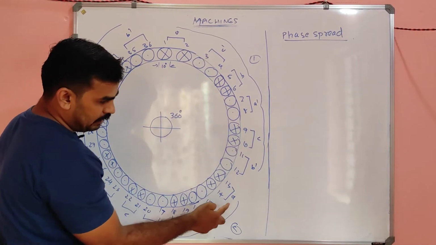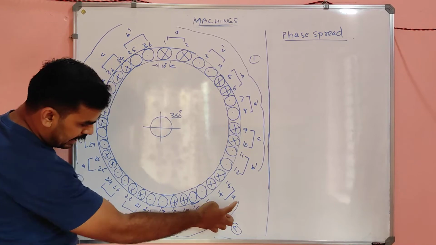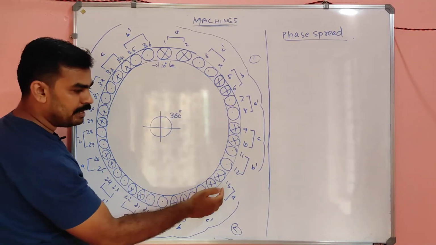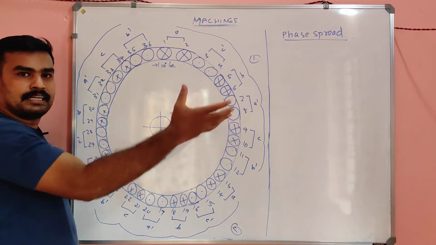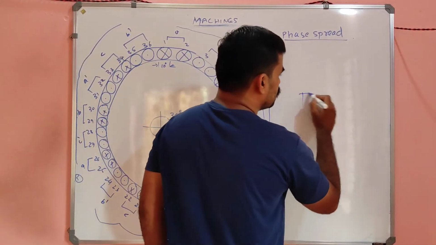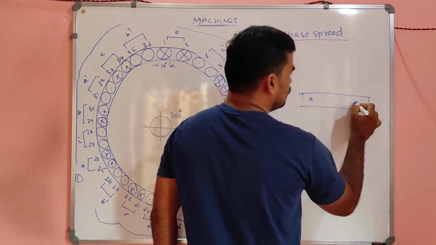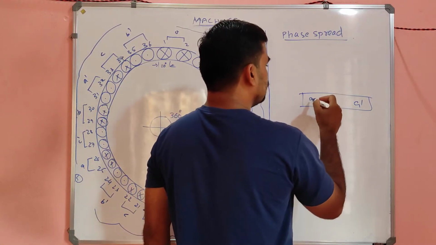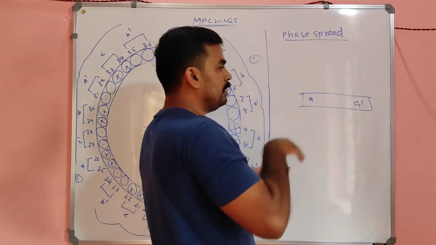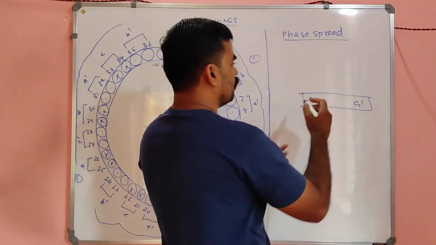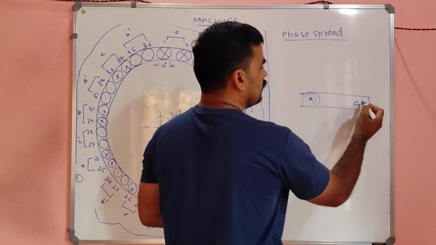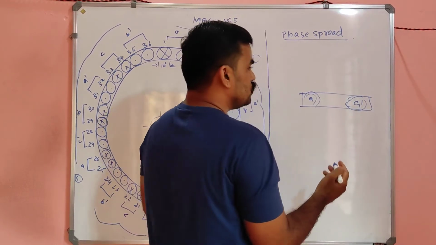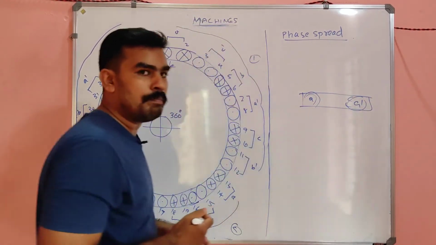Suppose in this A and A dash, because in starting the flux lines will be started from the current. The current you can consider with the flux also, my dear. Suppose this is A, this is A dash. You can consider it as a pole because the current is moving into this, means there will be some clockwise flux now. Here it will be moving away, means there will be some anti-clockwise flux now. So you can consider A and A dash as a pole pair.